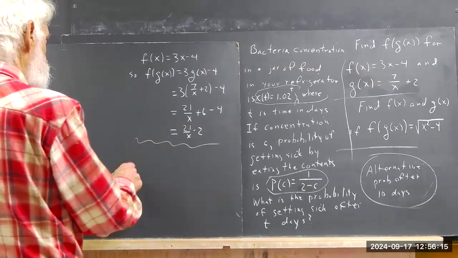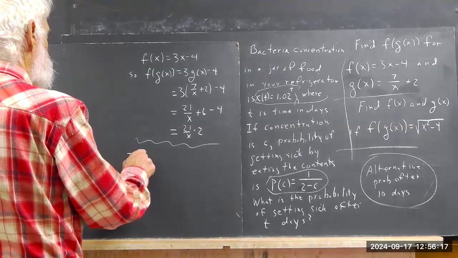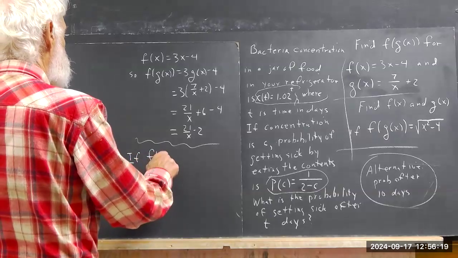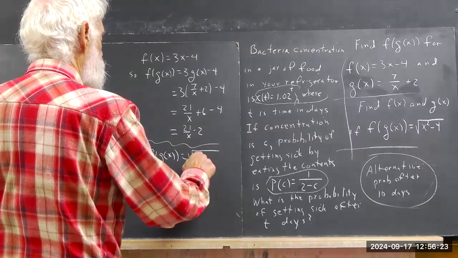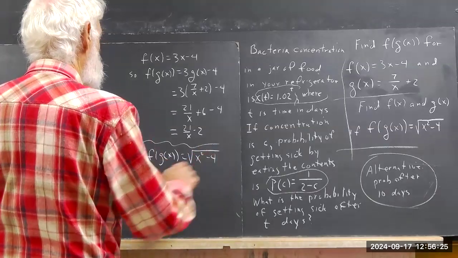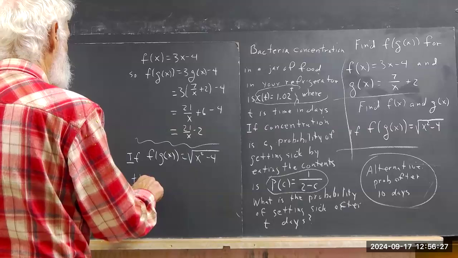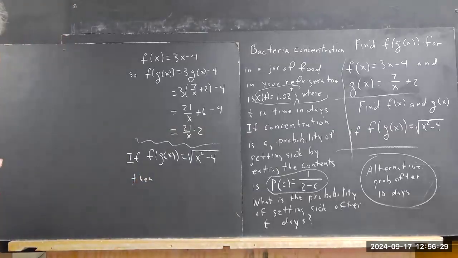Now, here's how you want to write this out. If f of g of x equals square root of x squared minus 4, then there are a couple of ways this can be written as a non-trivial composite.